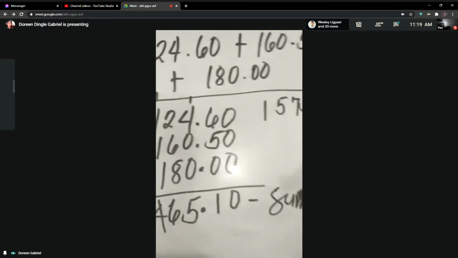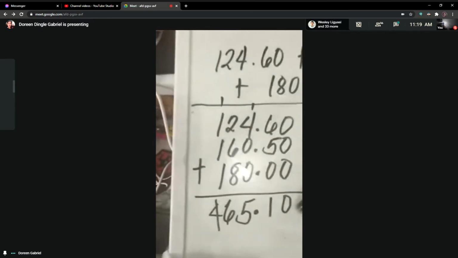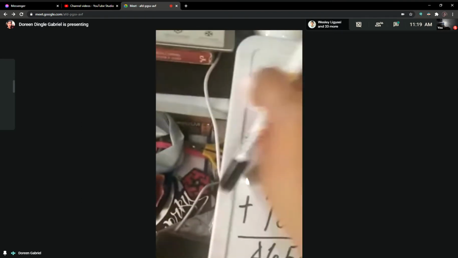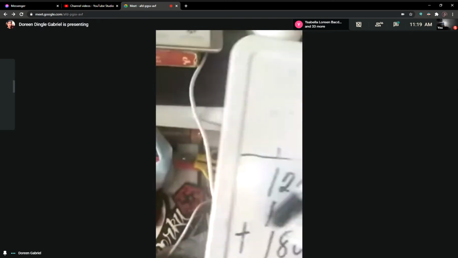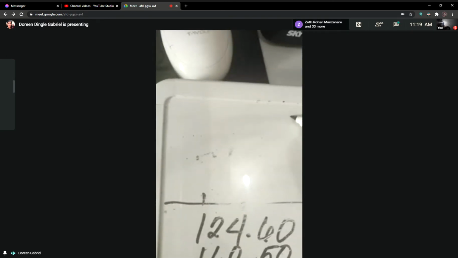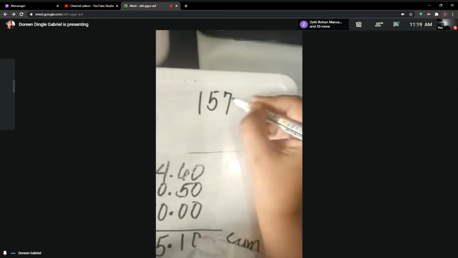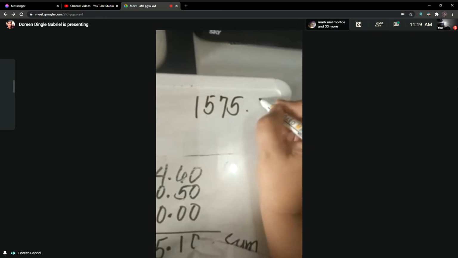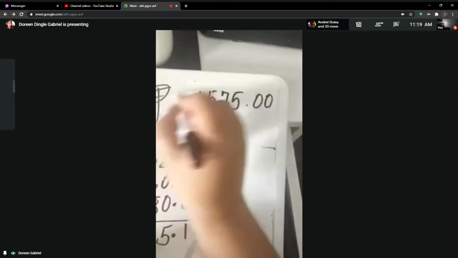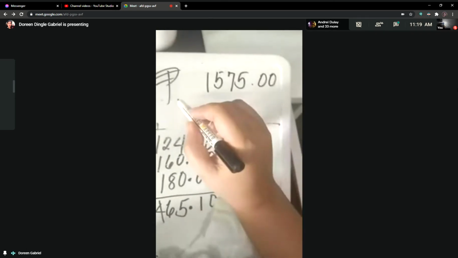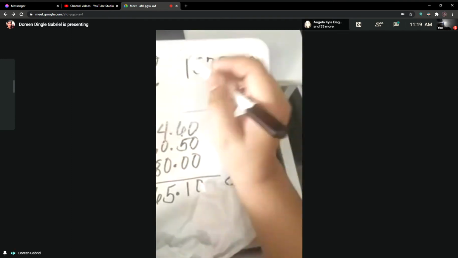So, what are you going to do? Again, erase po natin ito para mas malinaw. So, you have 1,575 pesos. Yun po yung pera ni mother. Again, grade 6. Since you are dealing with amount of money, kailangan po may symbol po na peso sign, isusulat nyo po yung peso sign.